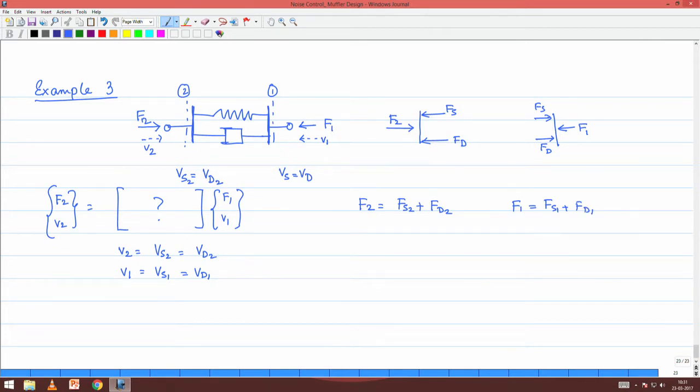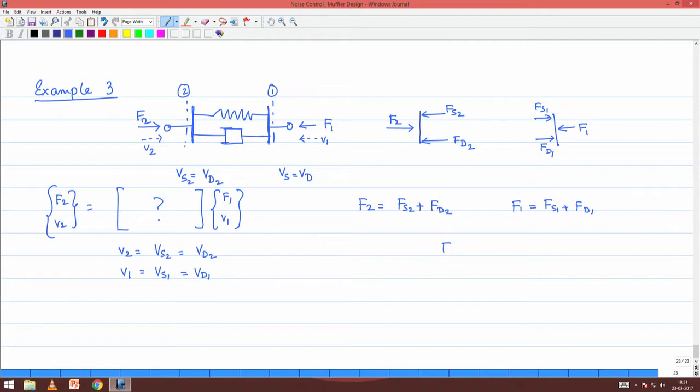Now, please note that this is Fs2, Fd2 and this is Fs1, Fd1, right. So, we understand that for a spring element, the input and the output port are at the same force. The forces cannot change between the input and the output of the spring element as well as for the damping element. That is what we did in the first lecture, where we looked at individual elements.